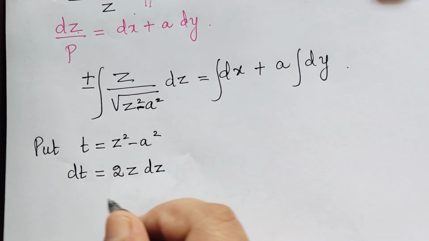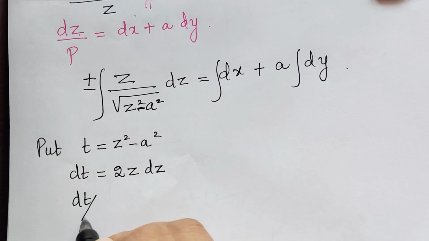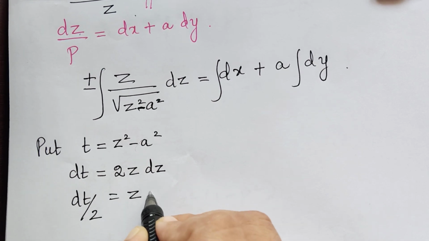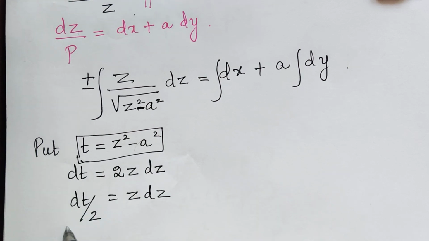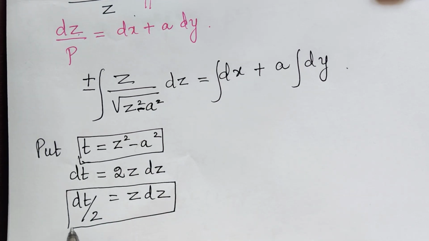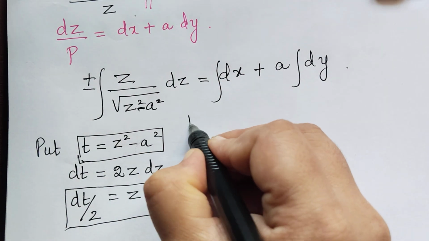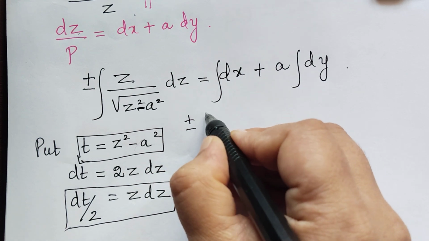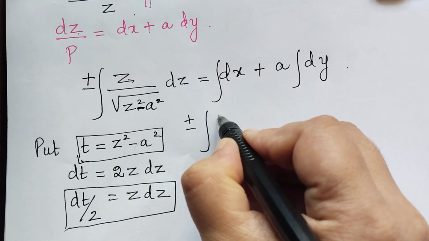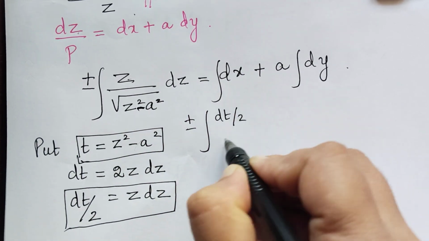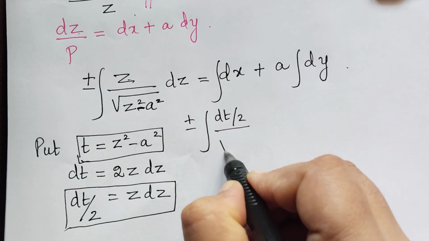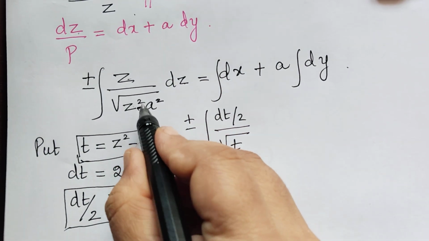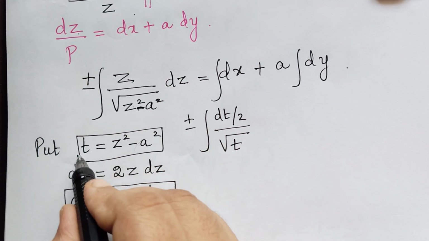So from this we obtain dt divided by 2 to be equal to z dz. So let's make this substitution for t and z dz over here. So it will be plus or minus integral z dz can be written as dt by 2 divided by square root of z squared minus a squared, which can be written as square root of t, because z squared minus a squared is substituted as t.